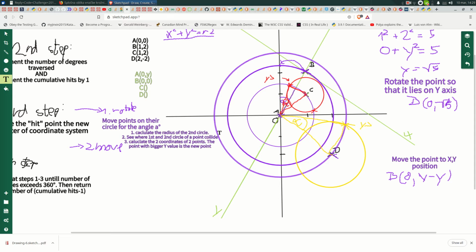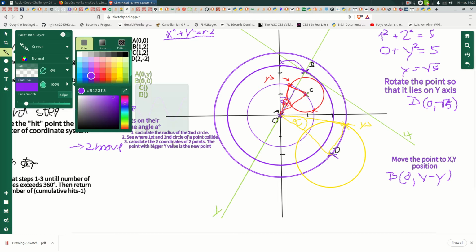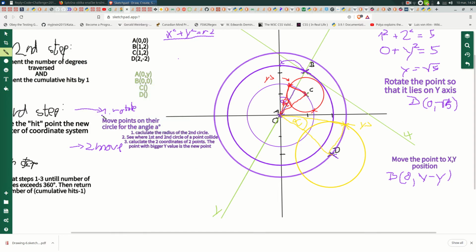So what about that first move? I mean, that's first rotate, actually. That is rotate. We're getting mixed up with our terminology a little bit over here.